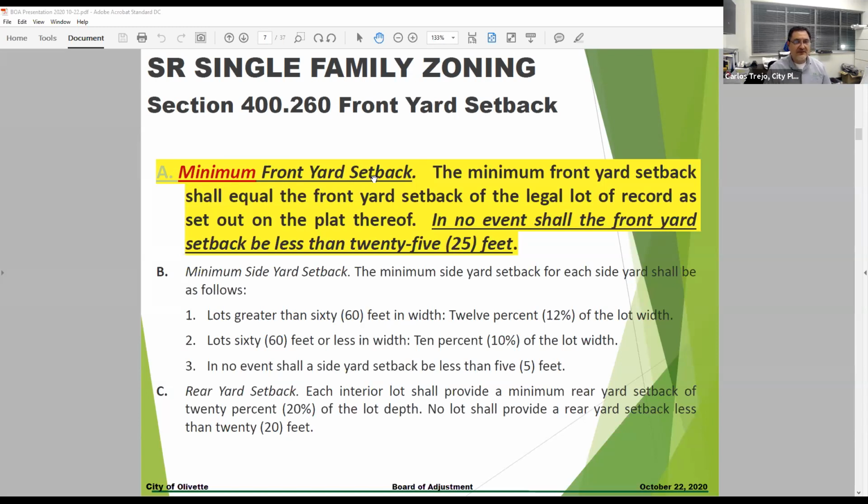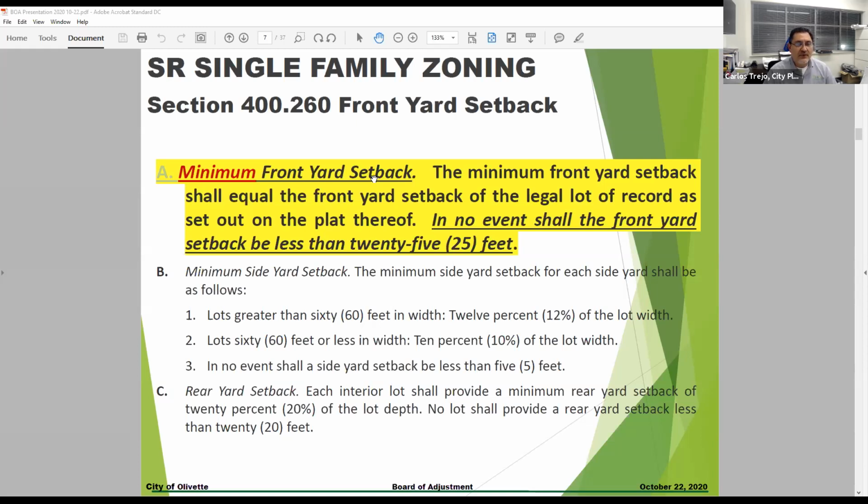So we have some subdivisions that have setbacks that are 50 feet, some that are 30 feet, and others that are 25 feet. And even some subdivisions that go way back are less than 25 feet. But under the current code criteria, the council has decided that in no event shall somebody have a front yard setback less than 25 feet. That is the bare minimum that the city would allow.